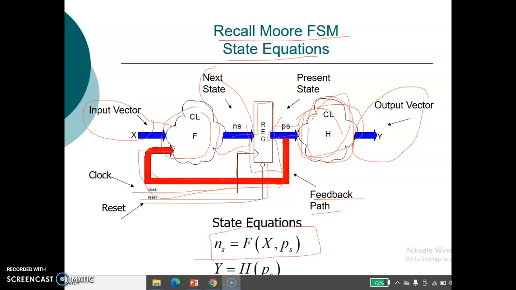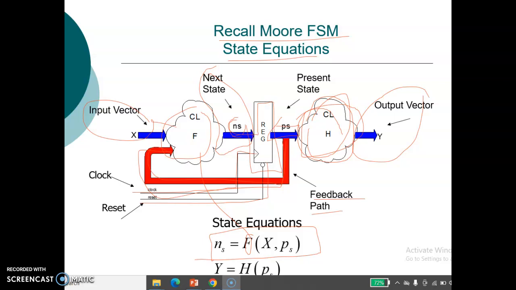NS equals a function f of X and PS, that is this F available from combinational logic. In the combinational logic, what is going on? That result is the input to NS. Here, the combinational logic F output is called NS. What is the input?